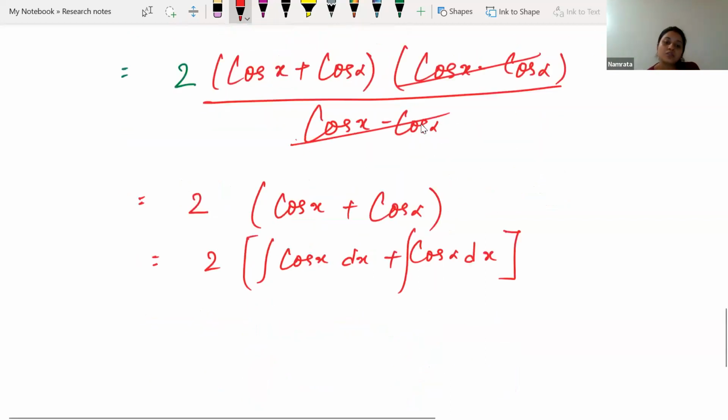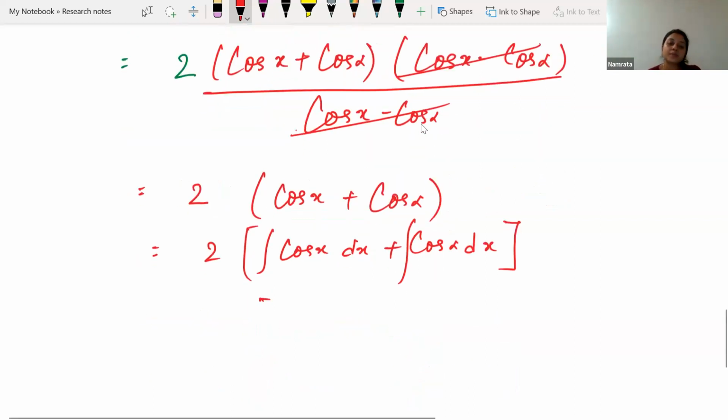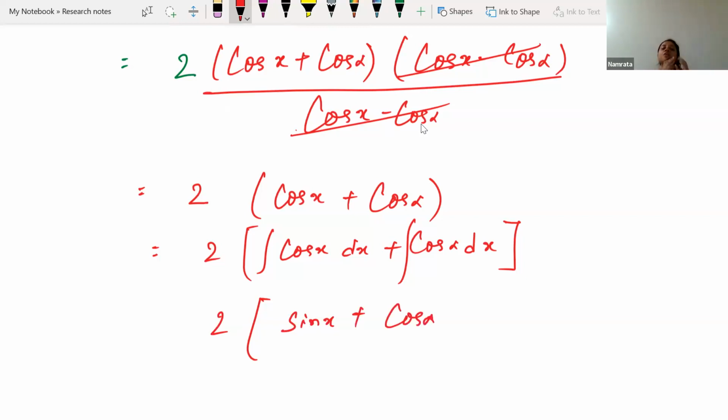So here cos x will be sin x, 2 will be outside, and cos alpha will come out, and we just have to treat it as a constant. Cos alpha is nothing but just a constant. We have to do the integration for dx over here, that is x, and then constant of integration.